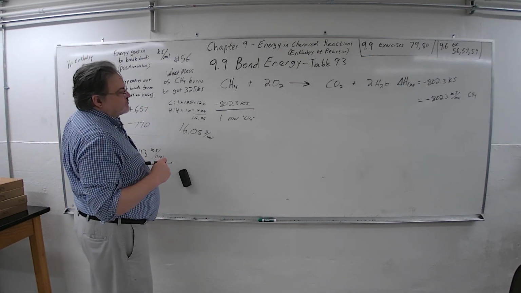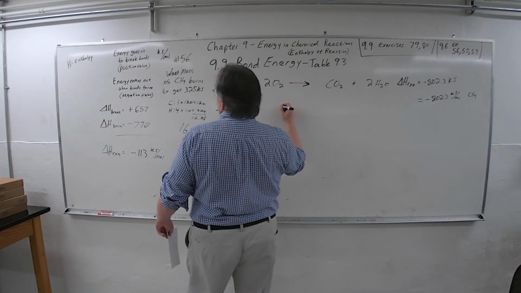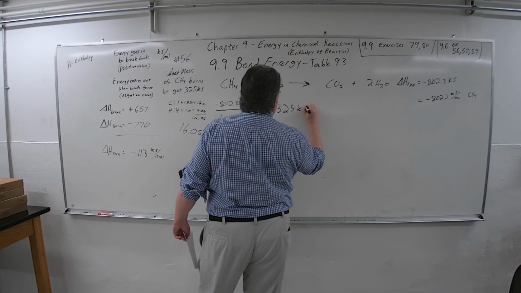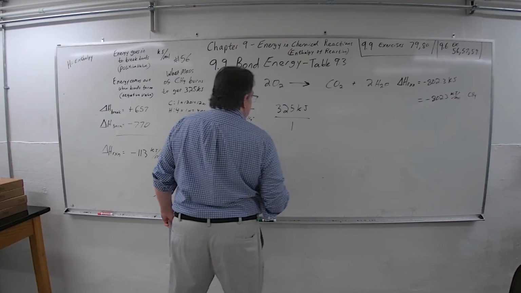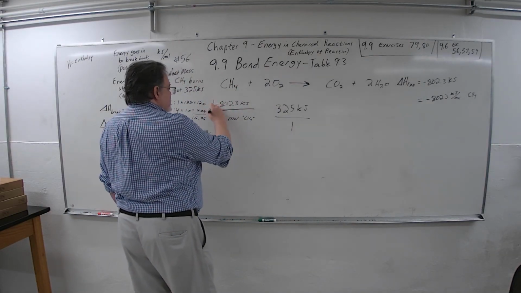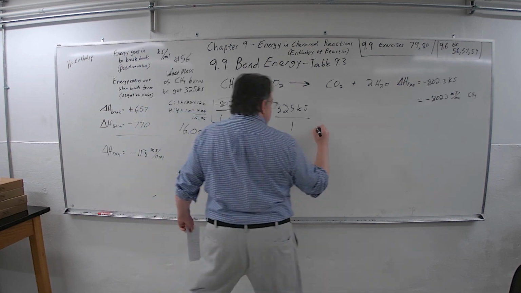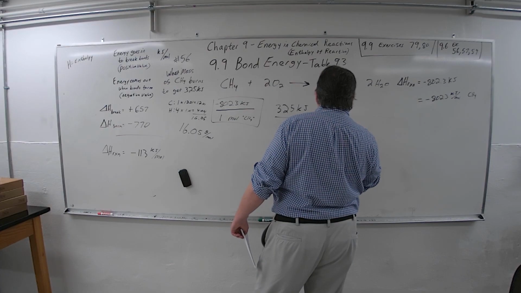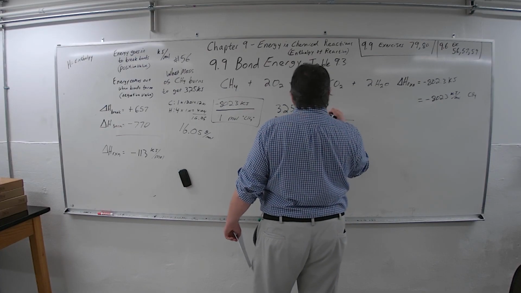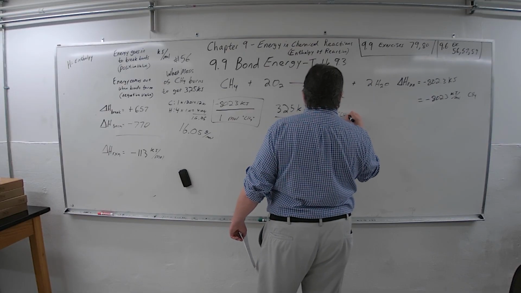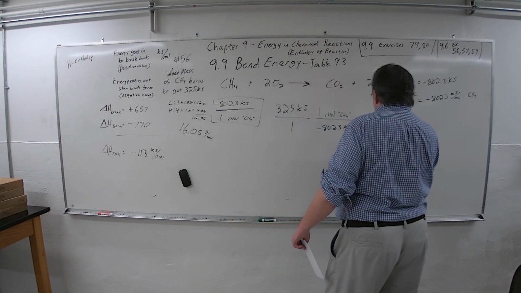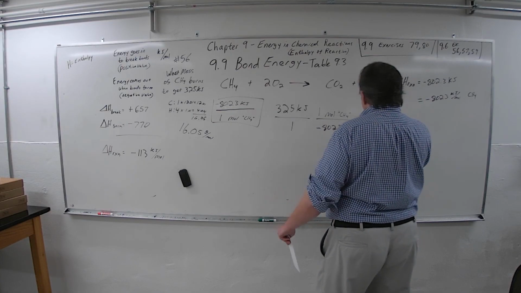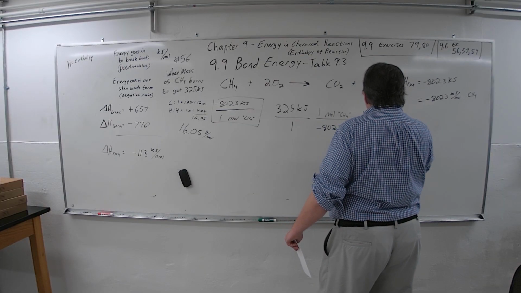So what are we given here? We're given 325 kilojoules. Put that over 1. I'm going to use this next because I need kilojoules on the bottom. Negative 802.3 kilojoules for 1 mole of CH4, and 1 mole of CH4 weighs 16.05 grams.